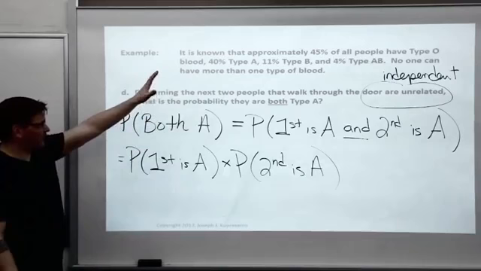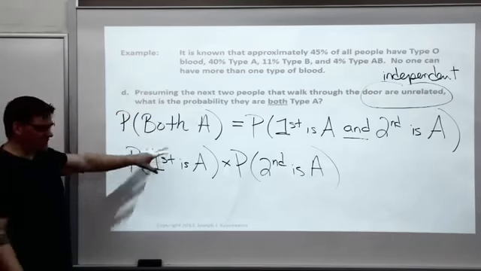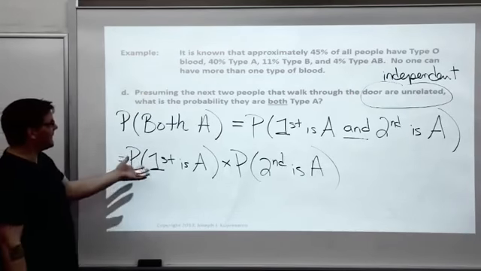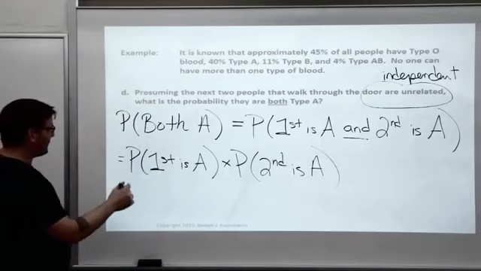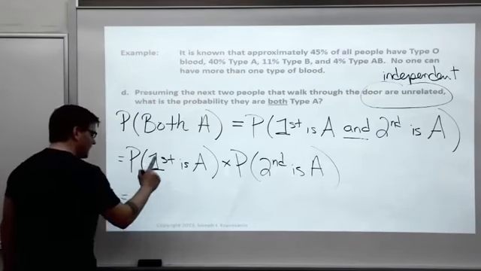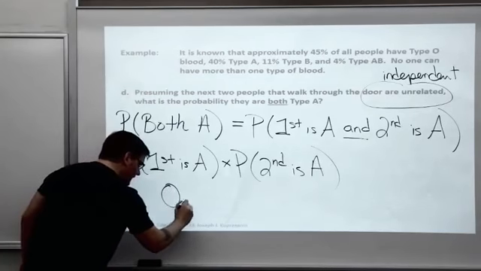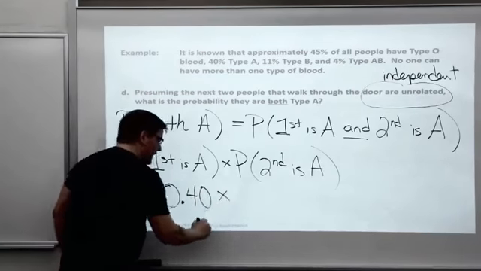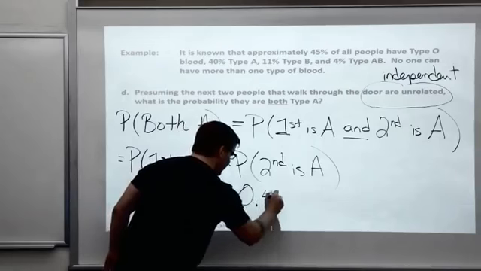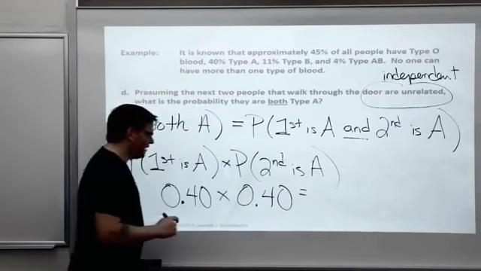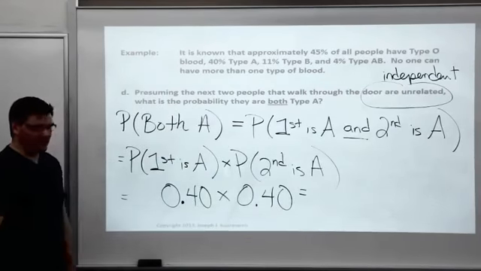I know this from, we're told at the beginning of the problem, the chances that any randomly selected person is type A is 40%. So this will be equal to, got to do decimals here for multiplying, 0.40 times 0.40. It looks like 0.16.